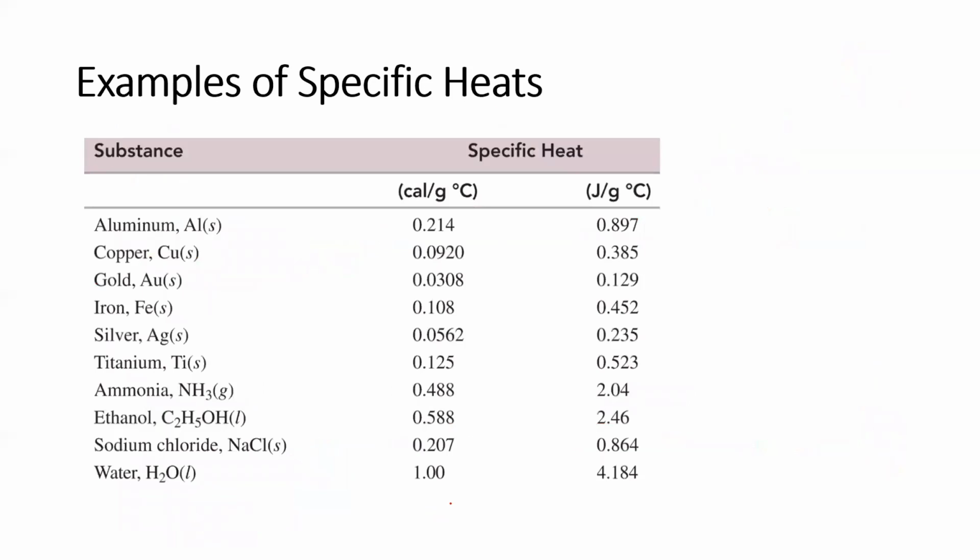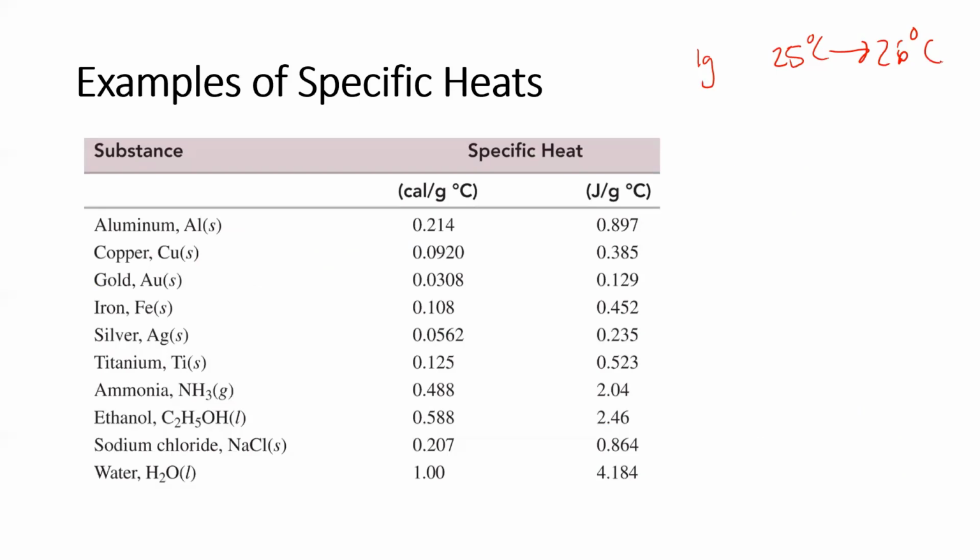So what are some examples of specific heat? So the unit of specific heat is the energy, the amount of energy that it takes to raise 1 gram of a substance 1 degree Celsius. So I use the concept of, if I had 1 gram of water to go from 25 degrees Celsius to 26 degrees Celsius, how much heat would that require?